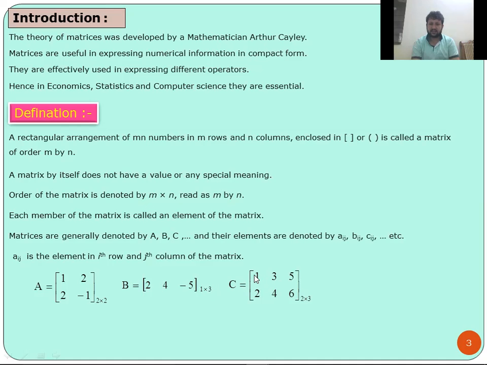Matrix C, elements expressed in 2 rows and 3 columns. Order 2 by 3. So the matrix is simply arrangement of elements between the brackets, and that brackets are open, otherwise closed.